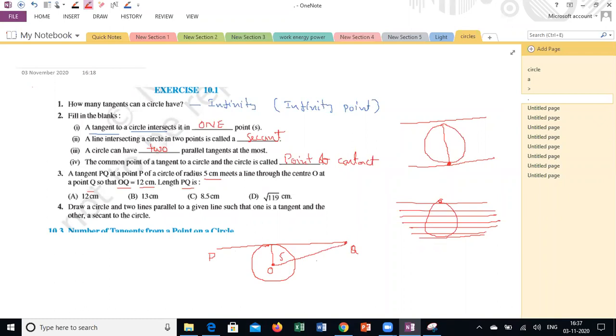Suppose this is Q, and this OQ is 12 centimeters. Then he is asking what is the length of PQ.